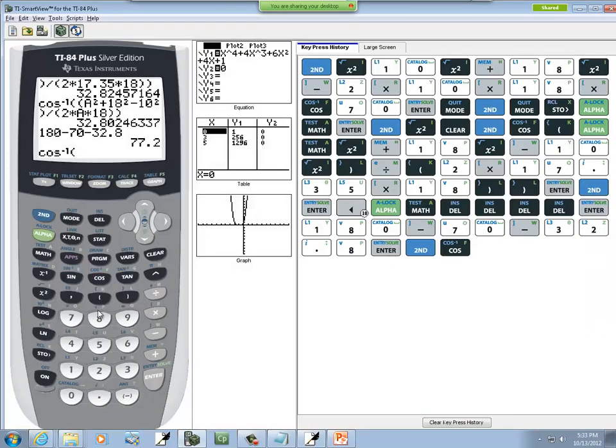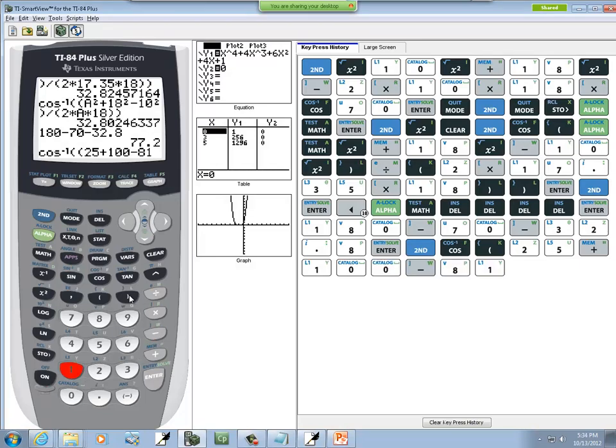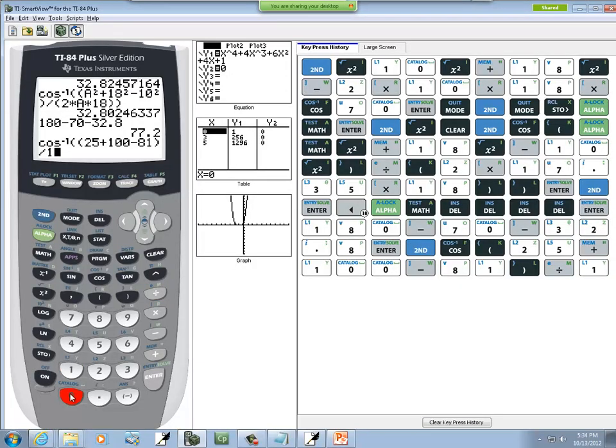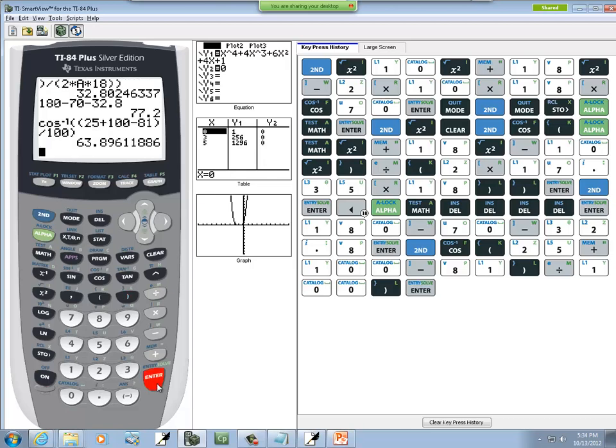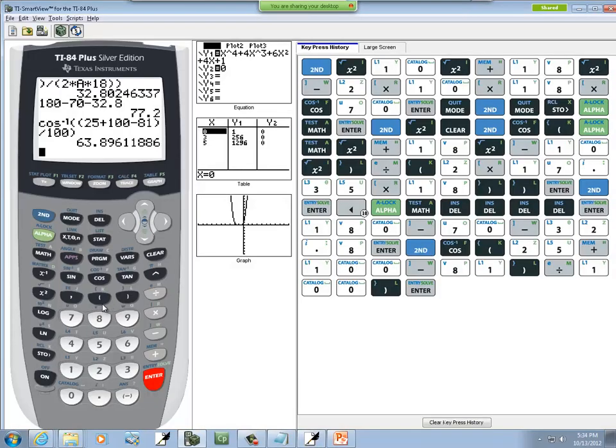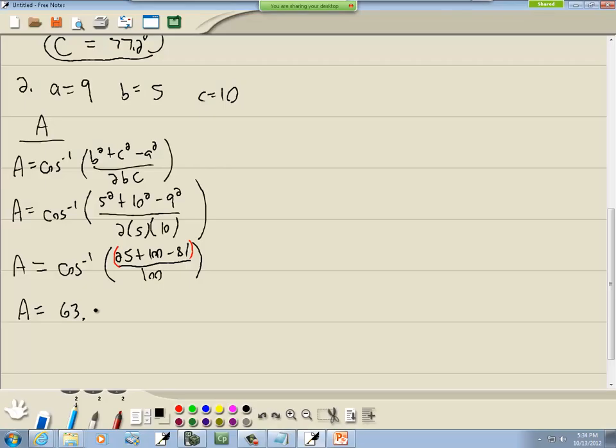Beginning parentheses on the top part, 25 plus 100 minus 81. Closing parentheses on top part divided by the bottom part, which was 100. And closing parentheses on inverse cosine, and enter. And we get 63.90, or just 63.9 degrees. And that's our angle.